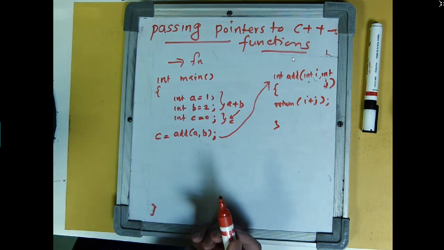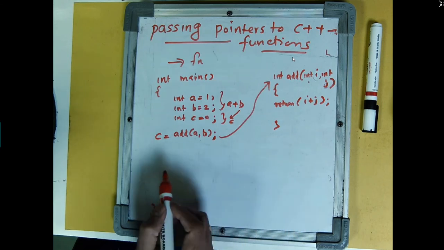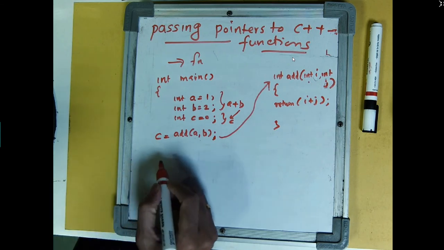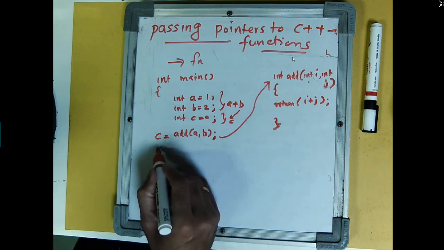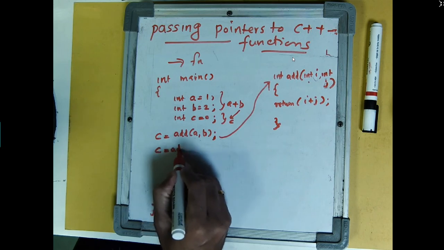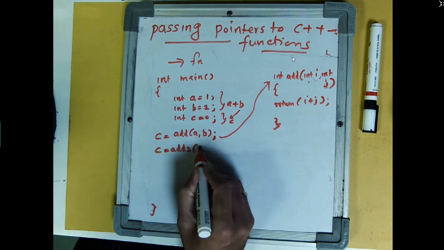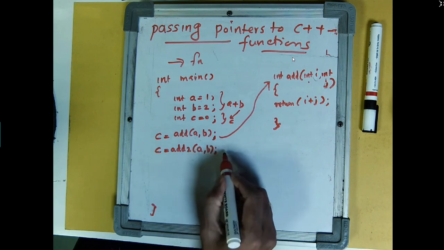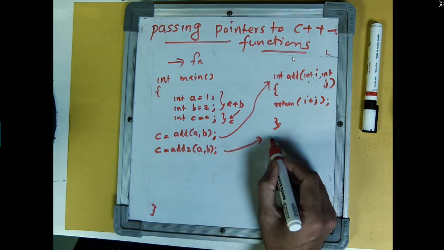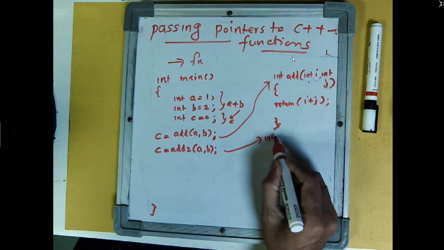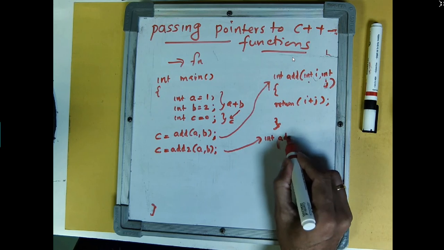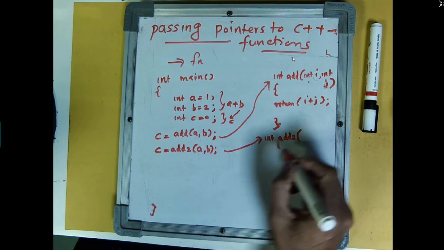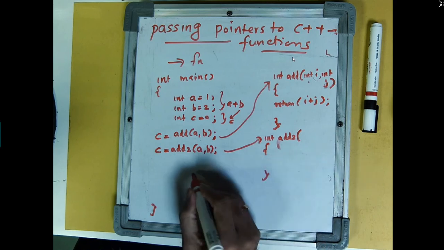The other way of doing it is a little more complicated, and it is called calling by reference, and this is an effective and fast method of doing this. Let's say I am trying to create a function called add2, where I am again passing a and b, but the function is written very differently. Here I will say int add2, in which what I am going to do is pass the reference.